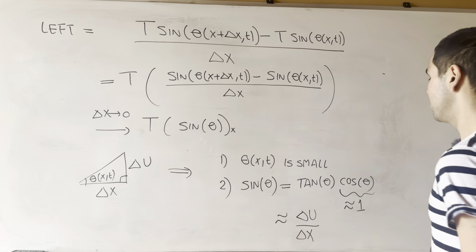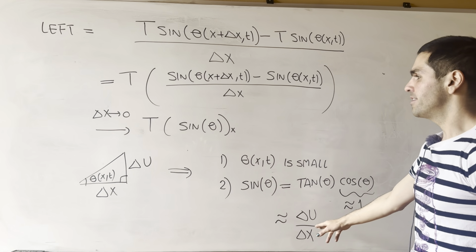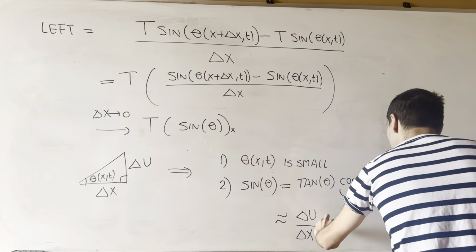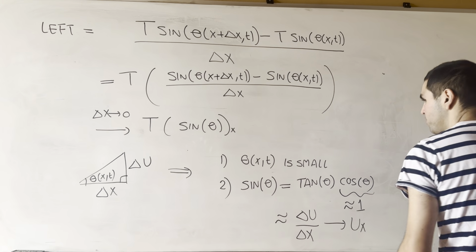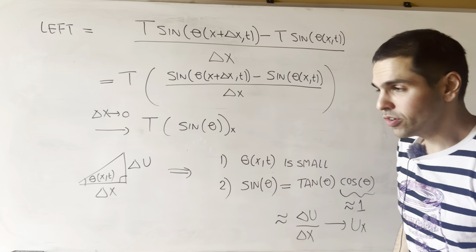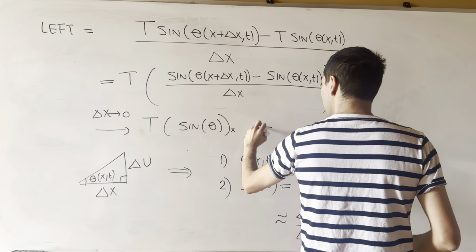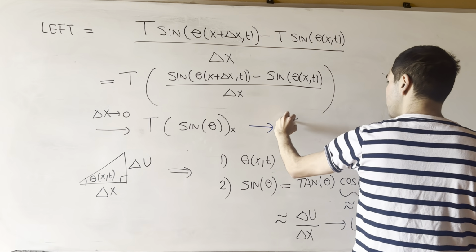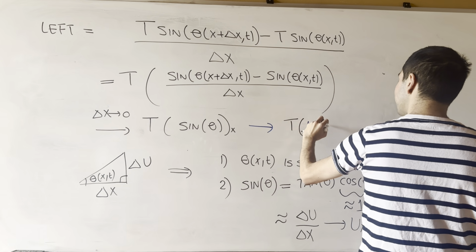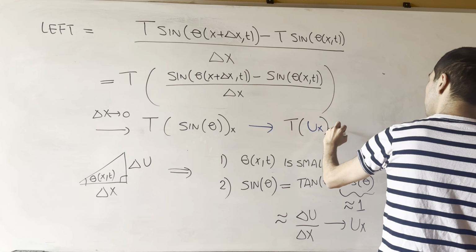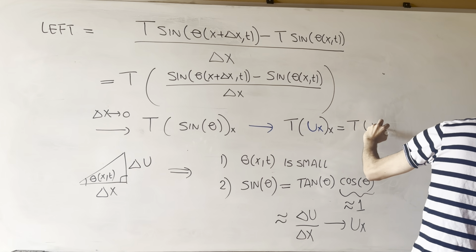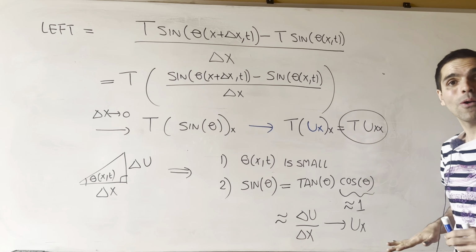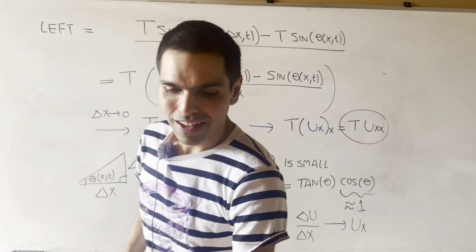So in particular, as delta x goes to 0, this goes to u_x. And that's very crucial here, because now, as delta x goes to 0, this just becomes T u_xx, which is precisely the second part of the wave equation.